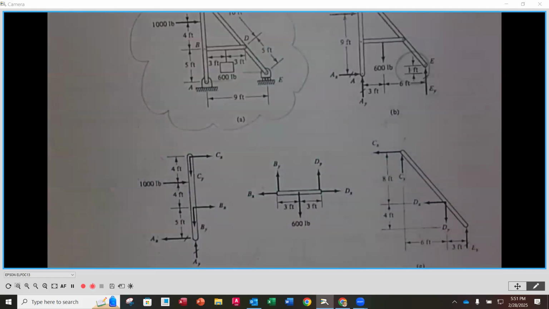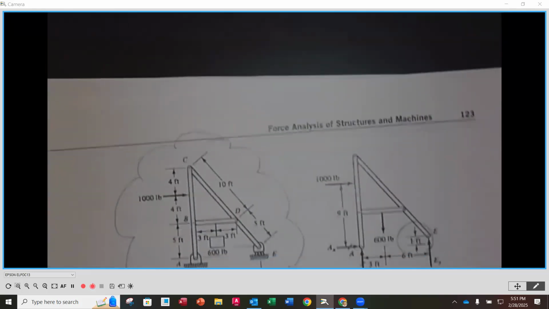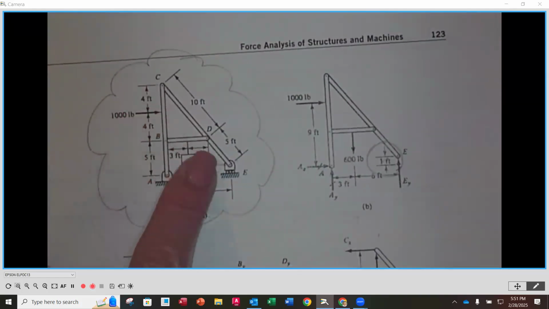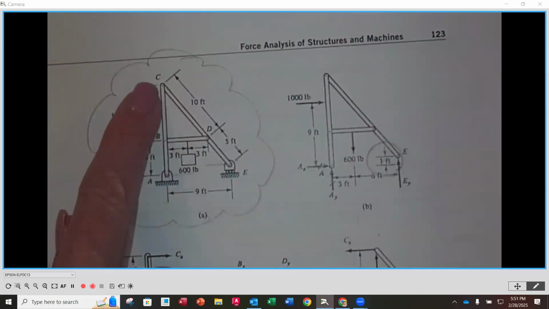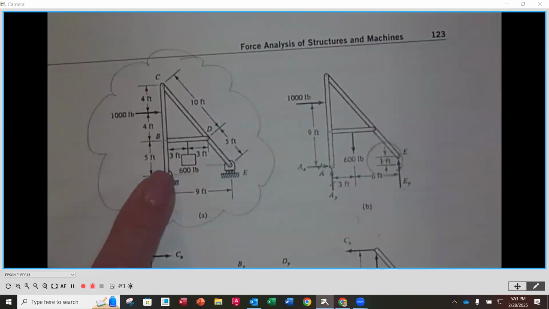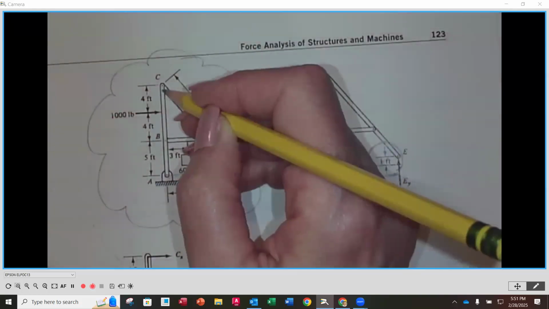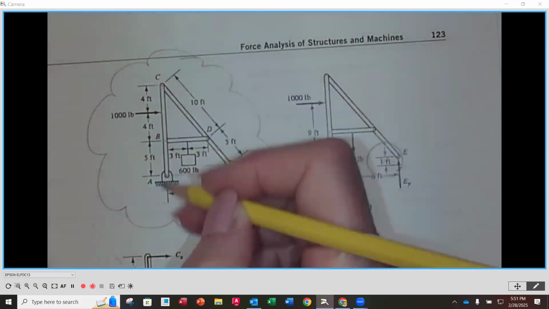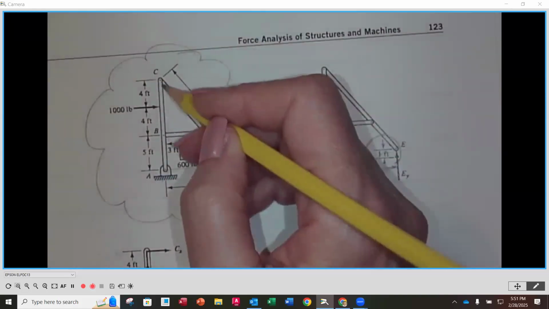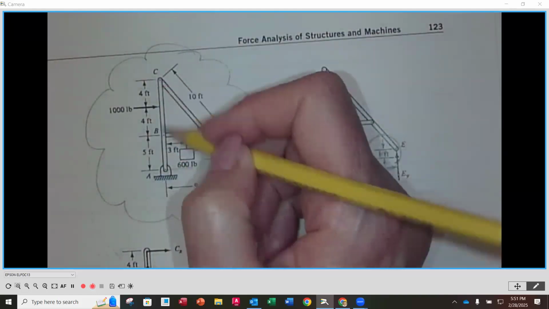Now, this is going to be a time when we are going to draw the thickness of the members. The reason is that we need to distinguish when it's an entire member that goes all the way from C down to E and C down to A. Because if we just draw a straight line and put the points along it, it's hard to tell if it's individual members, like from C to B, or the whole thing.